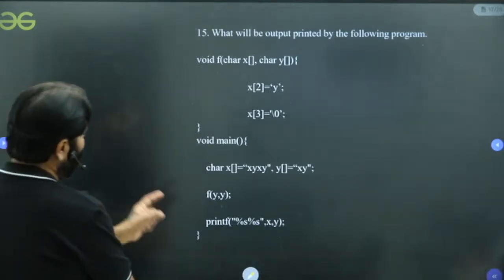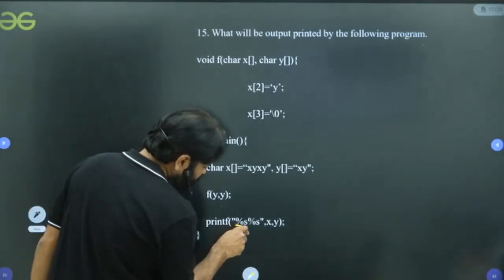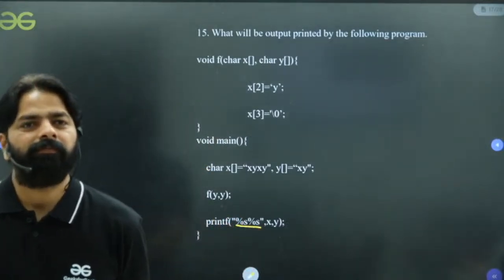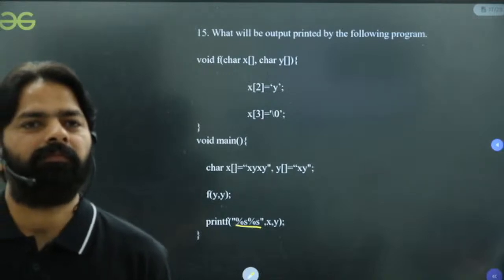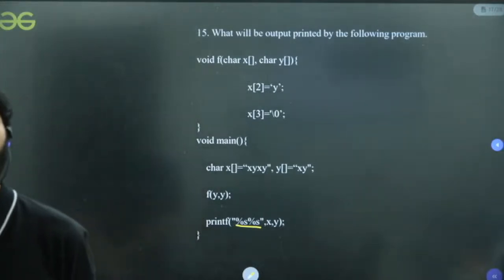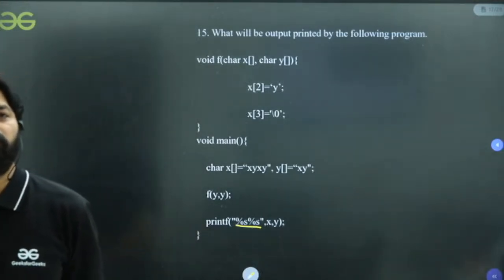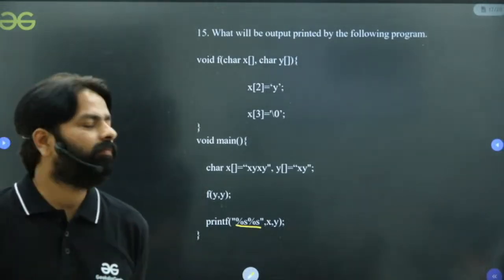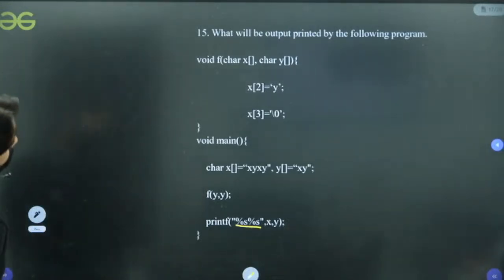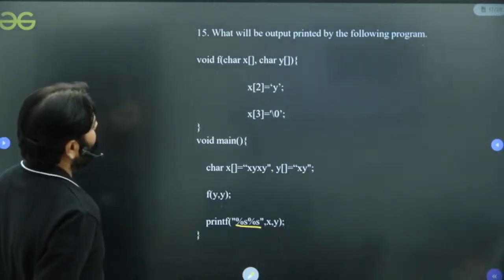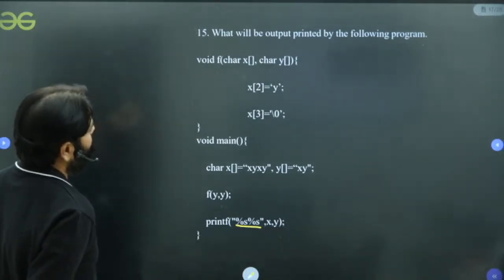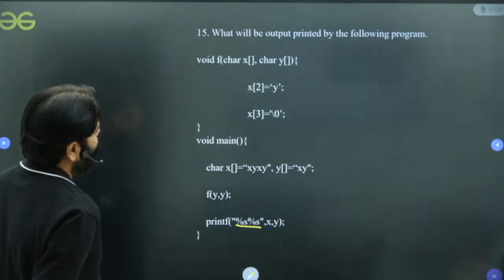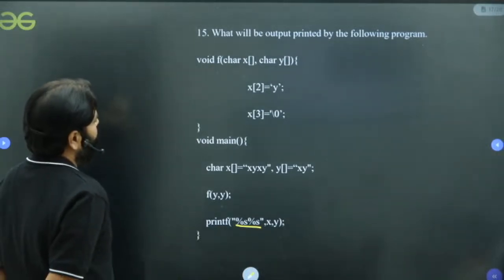There is no comma, it will print like a string. Remember, there is no comma here. Both the strings will print one after the other. Yeah.